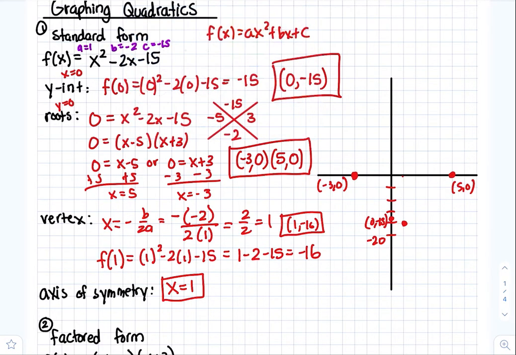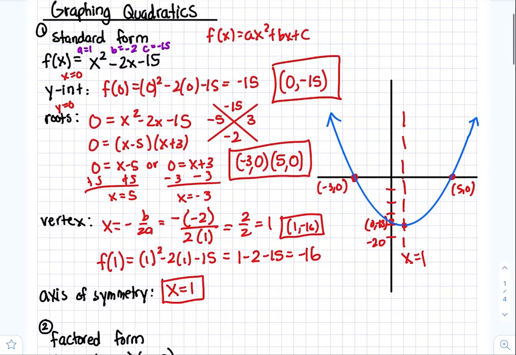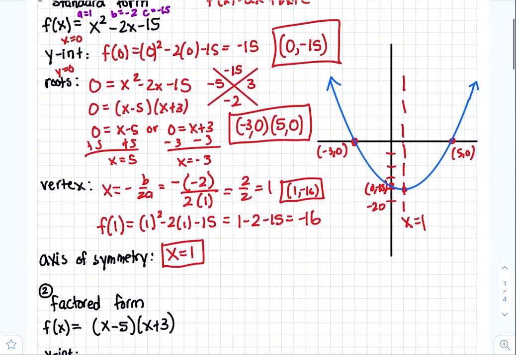So you guys, our graph looks like so. Voila. And don't forget to graph your guys' axis of symmetry, which is x is equal to 1. Alright, so there is your guys' graph, and that's how you guys do standard form.